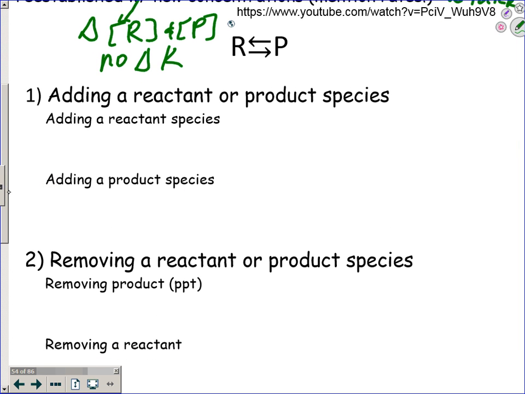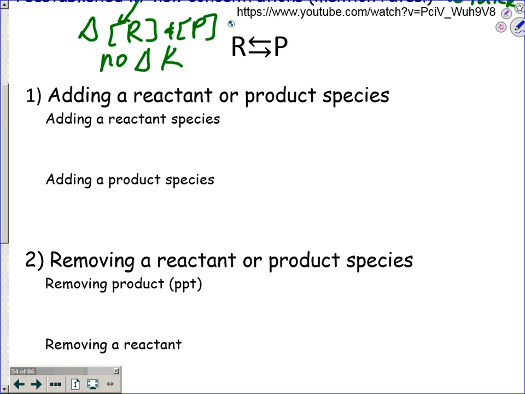Okay, so the first example, changing a reactant species. If we're talking about adding a reactant, you tell me which direction is most predominantly affected. The forward reaction or the reverse reaction, which is most heavily impacted?